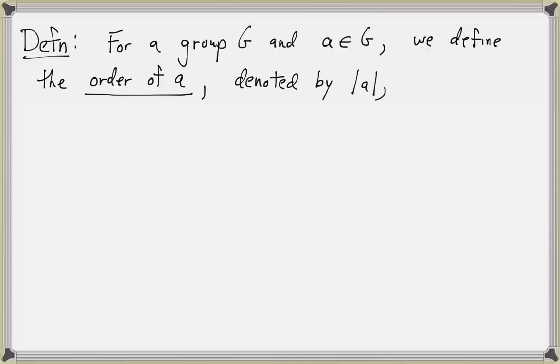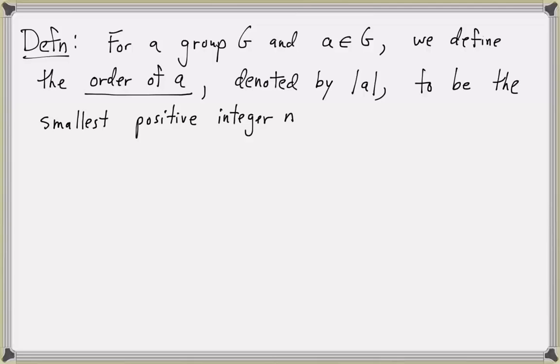The order of A is the smallest positive integer n such that A to the power n, so A times itself n times, equals the identity element E.